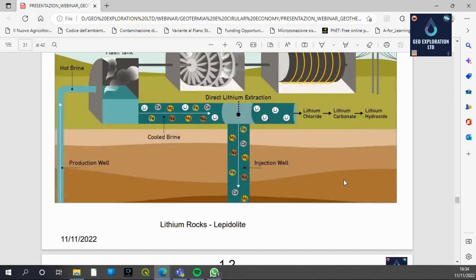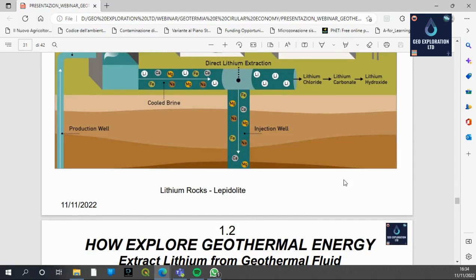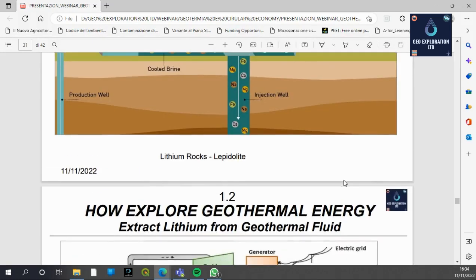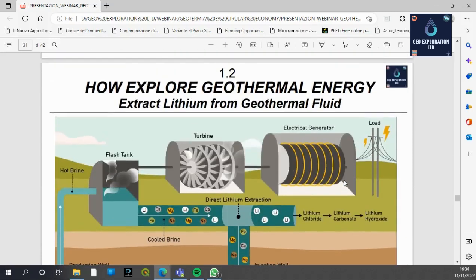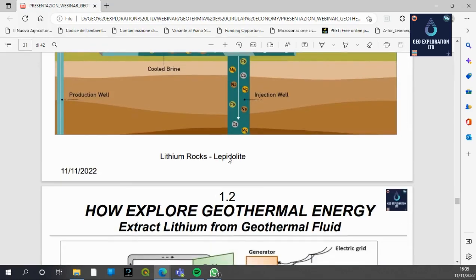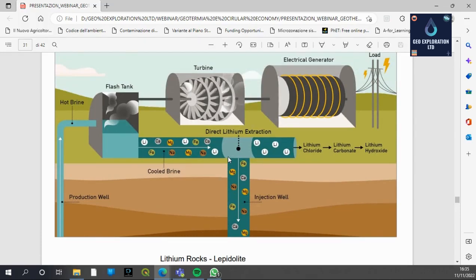These can be stimulated to extract lithium, where lithium is dissolved in some rocks, for example rocks that contain lepidolite, spodumene and the like. So there is a typical plant design for extracting lithium by geothermal energy.